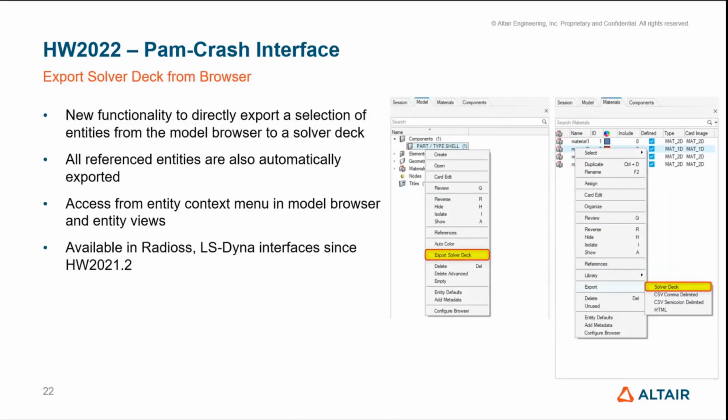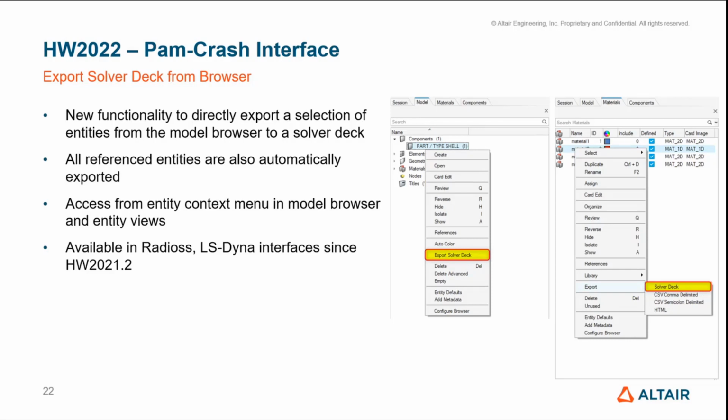Same, we have leveraged the export solver deck functionality to the PAM-CRASH interface. This functionality was added in 21.2 inside the Radioss and Abaqus interfaces. It is a very interesting and very powerful functionality for users, which allows you to select any entities from the model browser, from each entity browser.